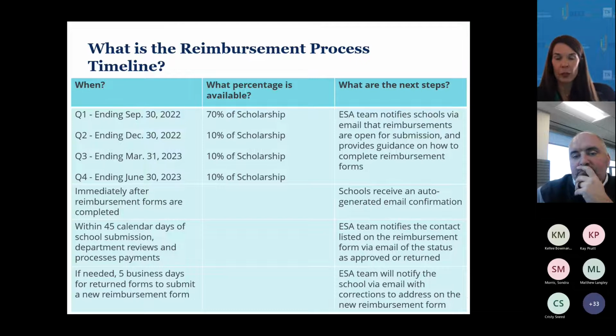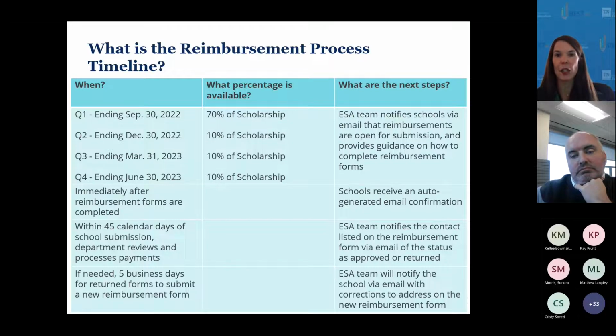If it is returned for some reason, for example, your reimbursement request amount is $1,000 and the documentation is not there to support that, you haven't uploaded any documentation or invoice, then it could be returned. But we're going to let you know exactly what that correction is, and that needs to be addressed.